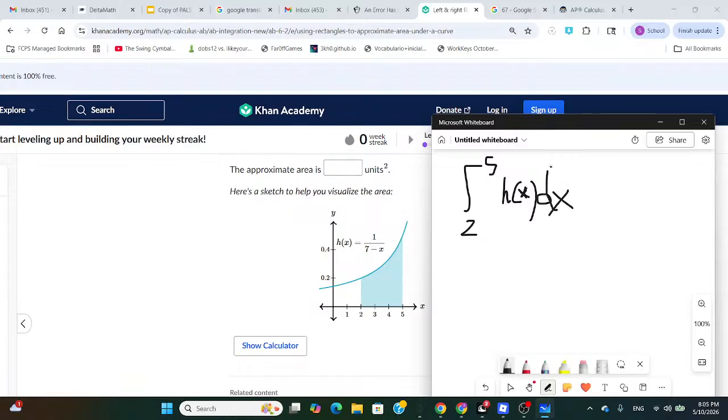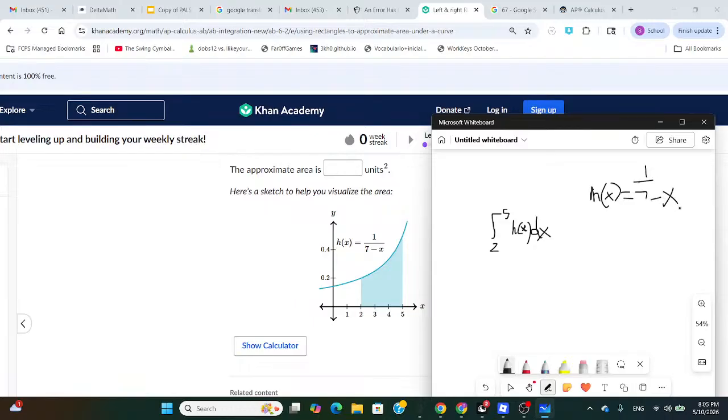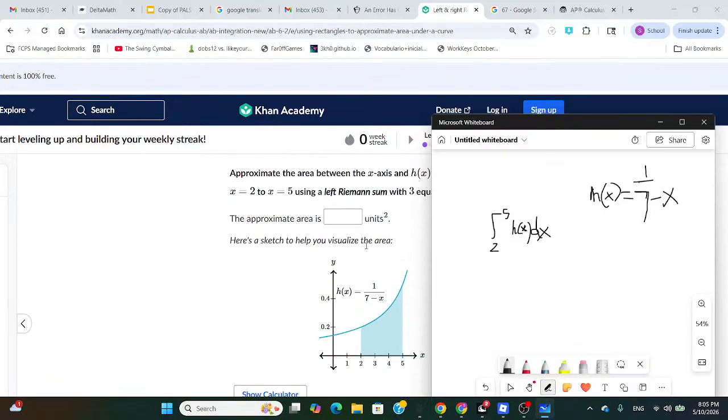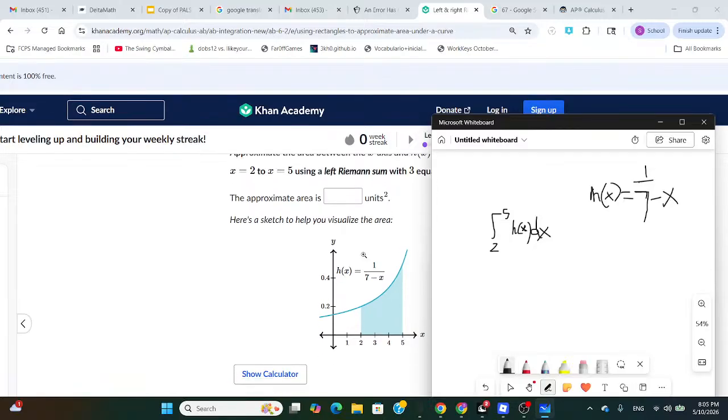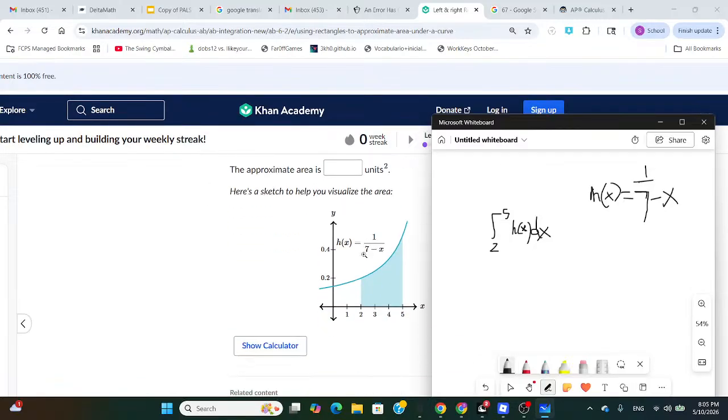That's the idea here, right? But then h of x equals 1 over 7 minus x. Is that not what it's asking? That's literally what it's asking, right? One over 7 minus x.